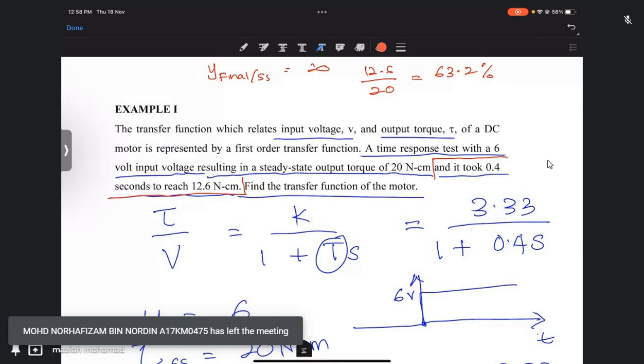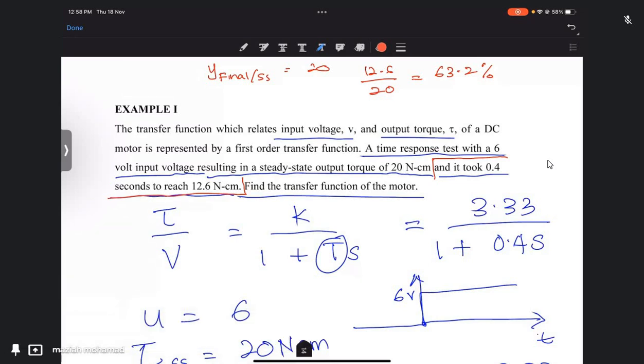By knowing that the time constant is the time taken to reach 63.2% of the final value, which in this case is 12.6, it is already given to you that the system reached 63.2%, which is 12.6, in 0.4 second.